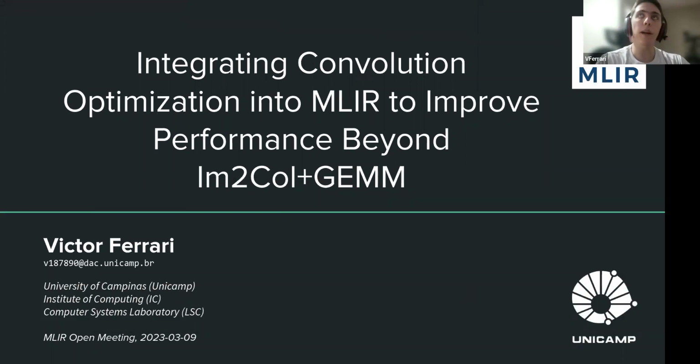And how it is integrated into MLIR. So we built a prototype and we integrated it into MLIR. So the talk is called Integrating Convolution Optimization into MLIR to Improve Performance Beyond Image-to-Column plus GEMM. If any of you don't know, Image-to-Column plus GEMM is the traditional way of computing a convolution in an optimized way.